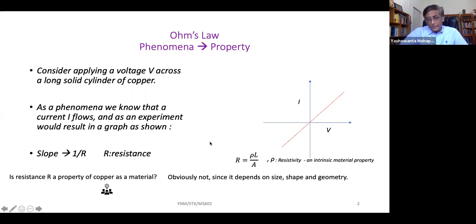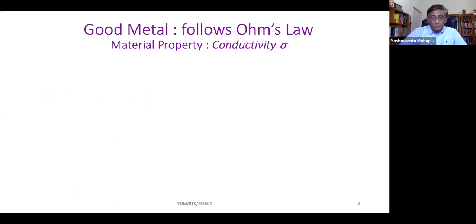Now the question is, what is the microscopic origin of this resistance? That's what we're asking. A good metal, we know, follows Ohm's law, and the material property we now know is the conductivity sigma, or the resistivity. Conductivity is just the inverse of resistivity.